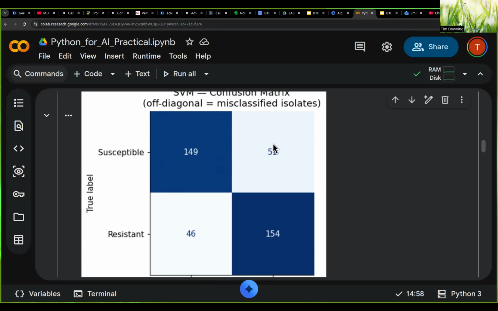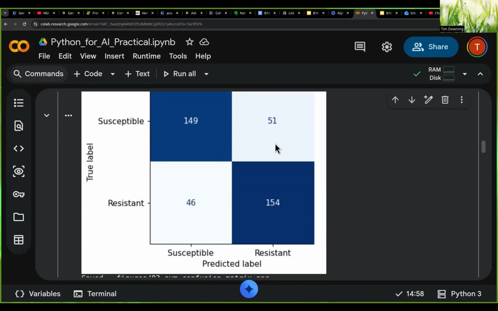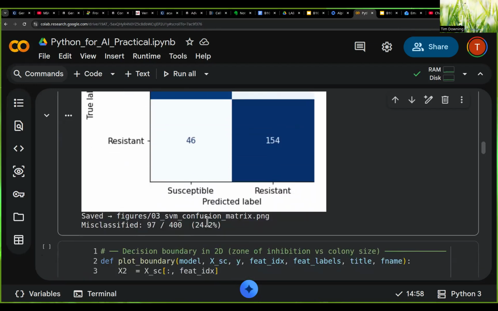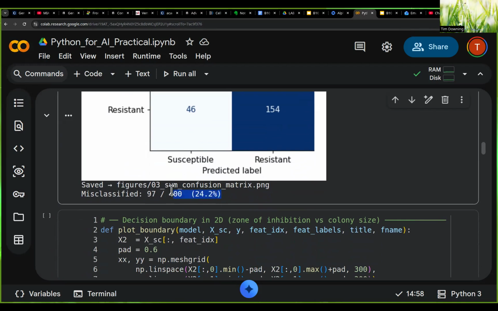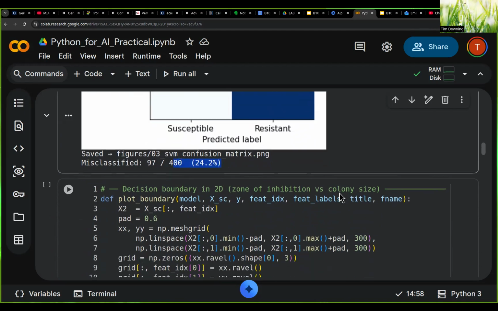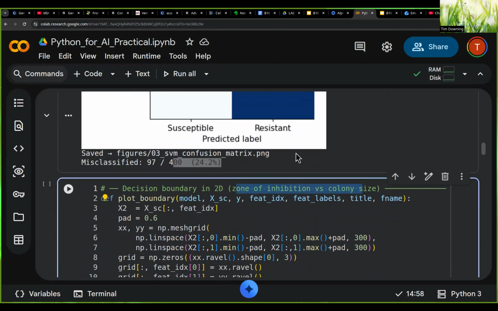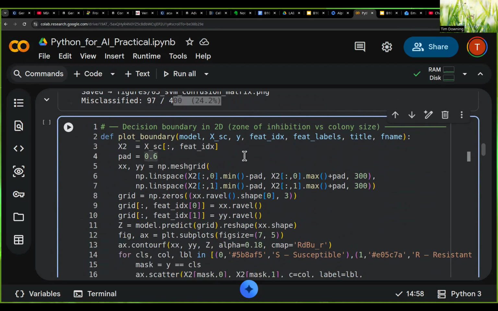So our model has that level of performance, which means it's okay, but if you're misclassifying 24% of your samples, that may be a major issue. It depends on what your question is. We can also create a decision boundary for the zone of inhibition versus colony size in a plot here.